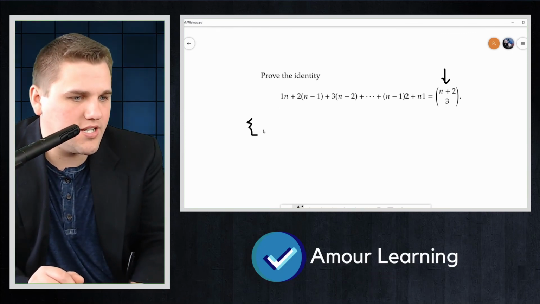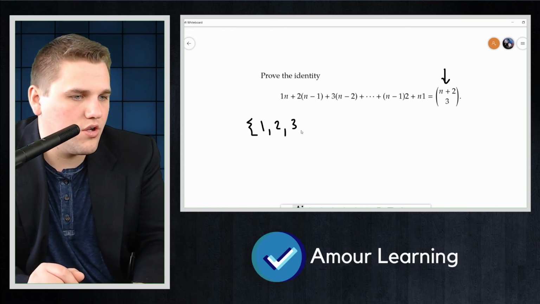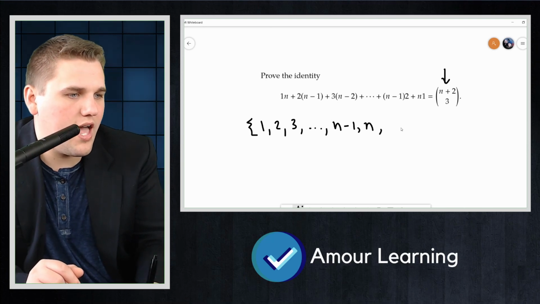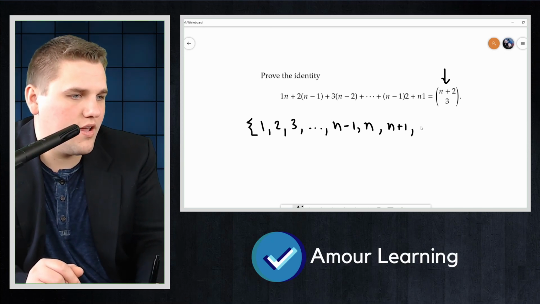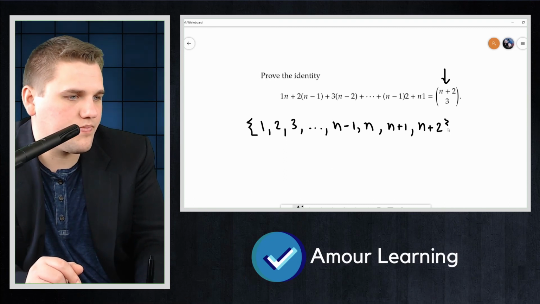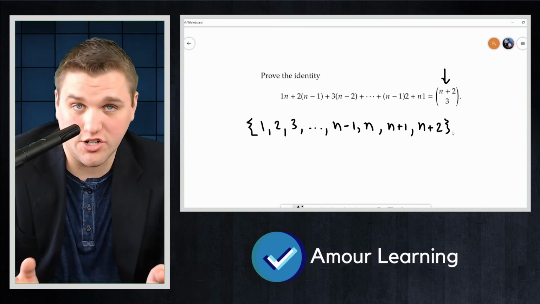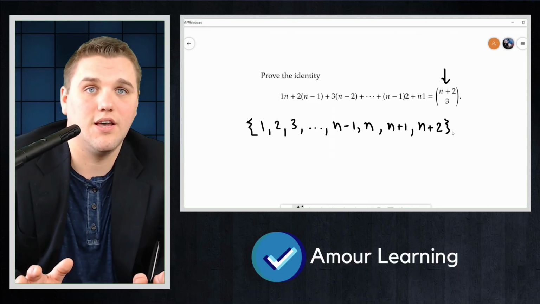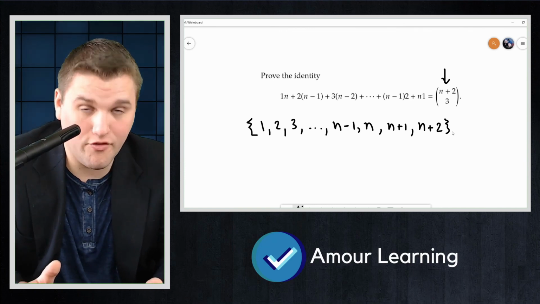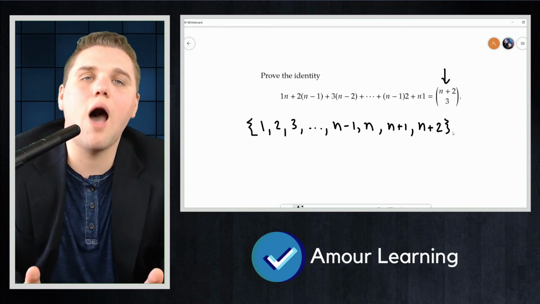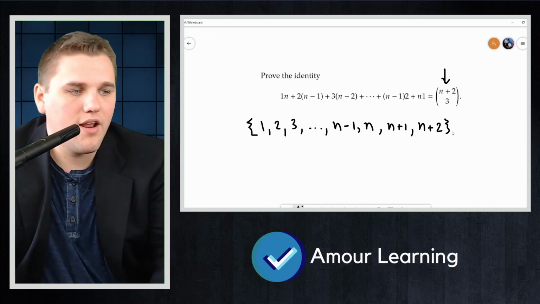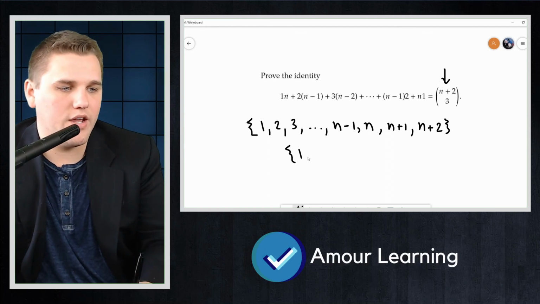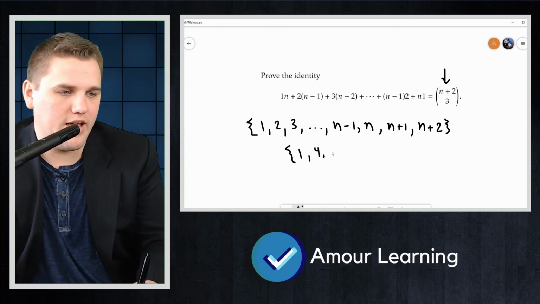So let's look at the set 1, 2, 3, all the way up to n minus 1, n, n plus 1, n plus 2. This is our set, and we want to find all the subsets of size 3, of cardinality 3. How many ways can we do that? To find a 3-element subset, maybe it would be like 1, 4, and n or something like that.